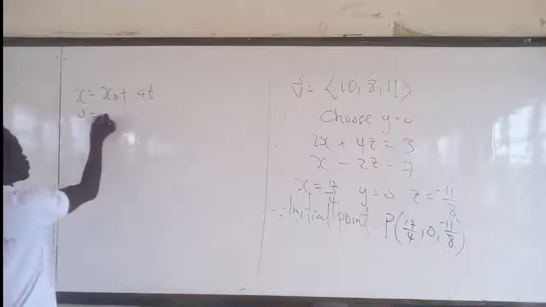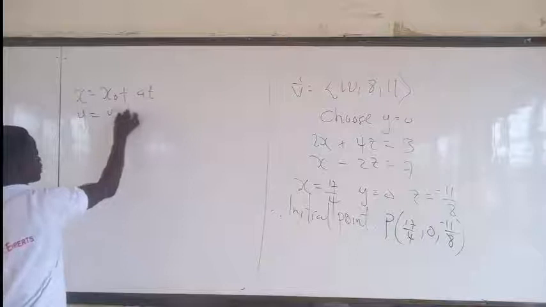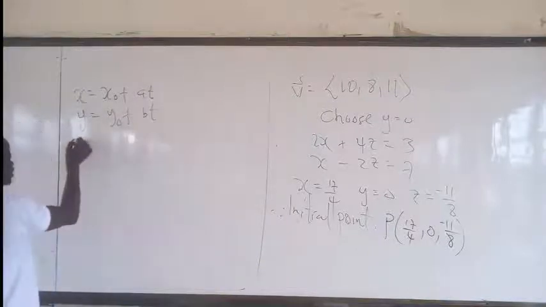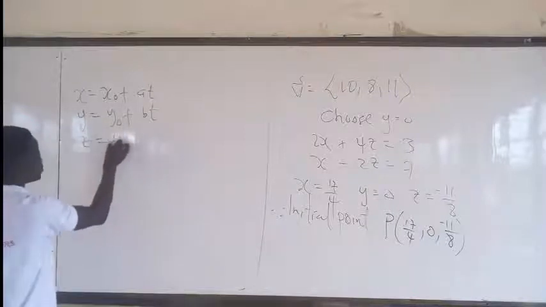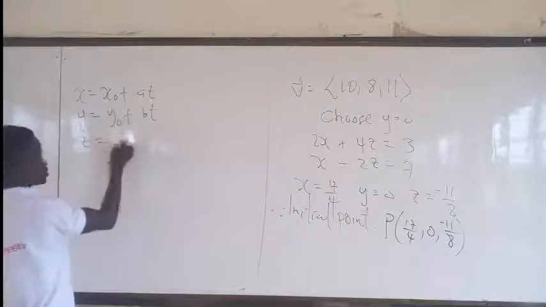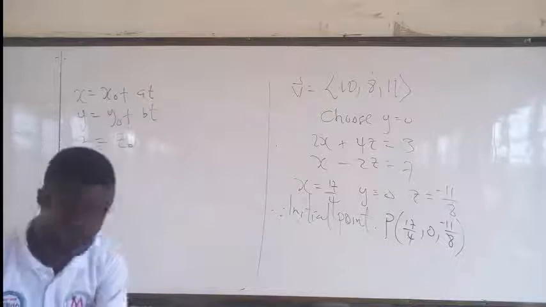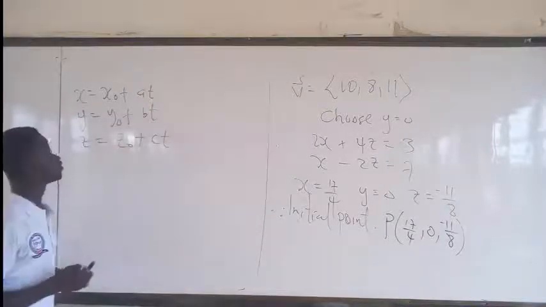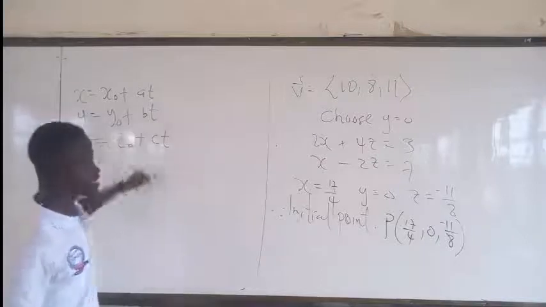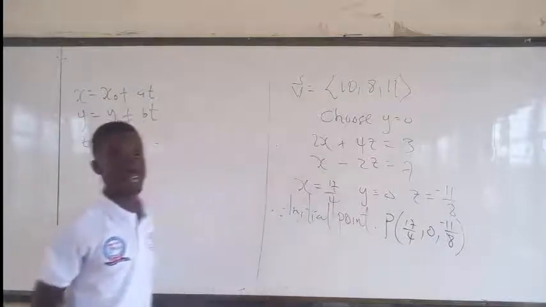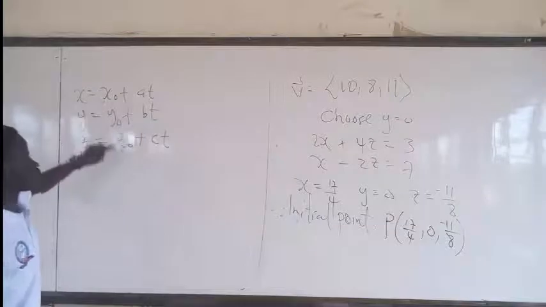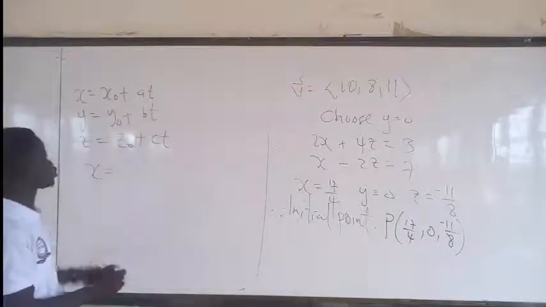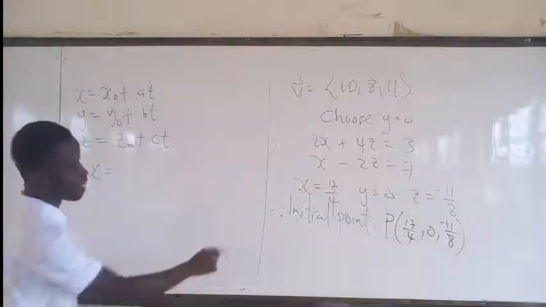And y is equal to y naught plus bt. And z is equal to z naught plus ct. So, you know the a, b, c here to be the vector from the direction. And the naught here is the point.